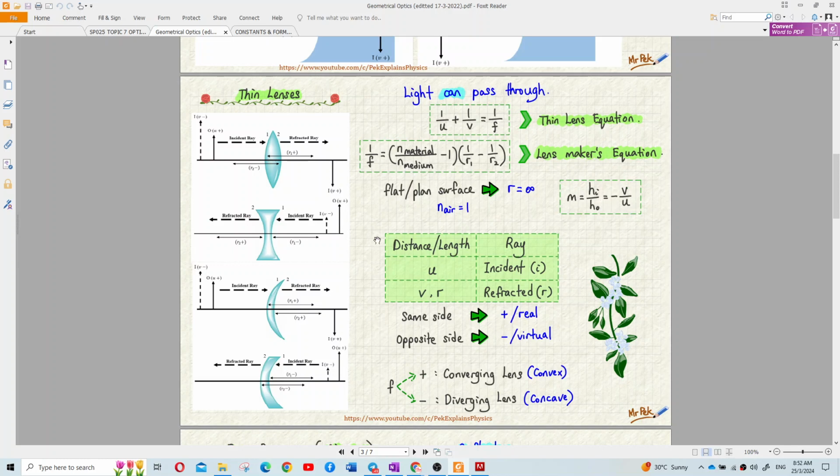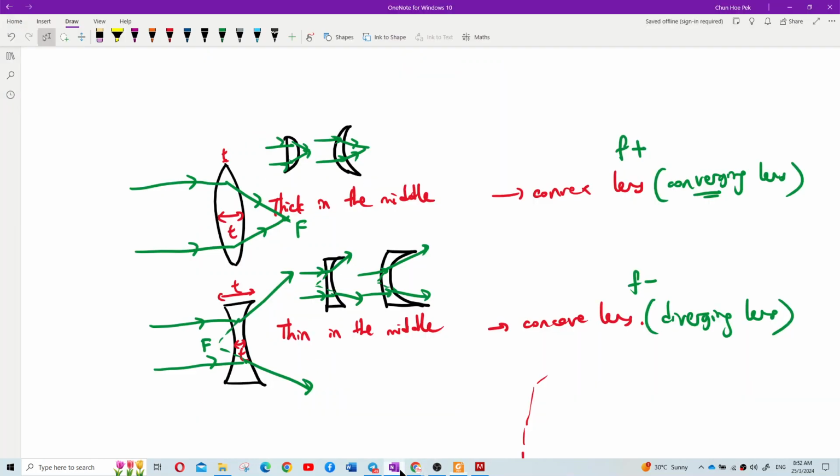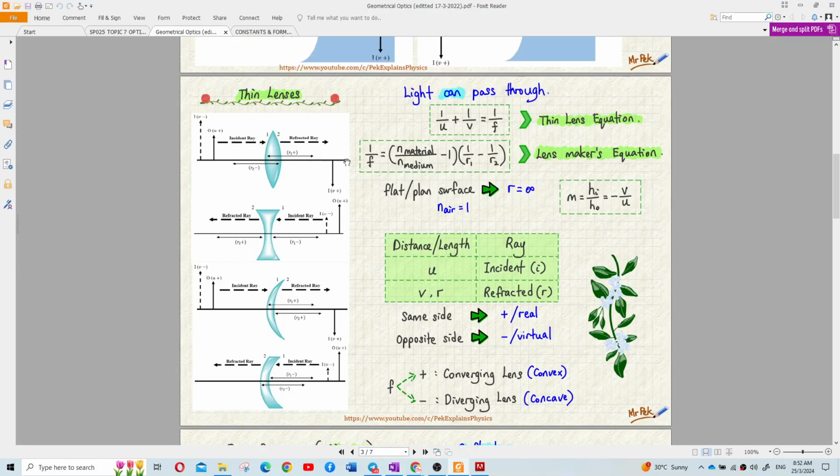Okay, maybe I need to teach a bit about this, how to determine the focal length. I should teach a bit about the Lensmaker equation now, for thin lens.